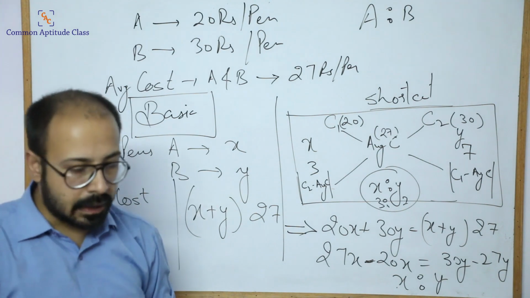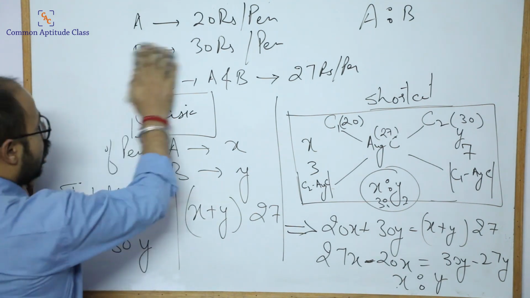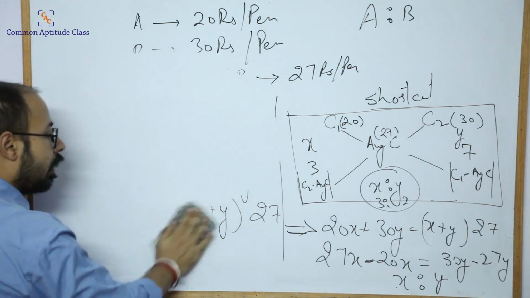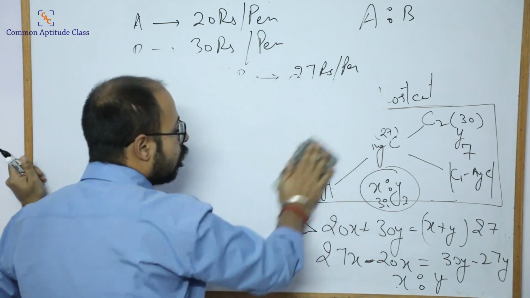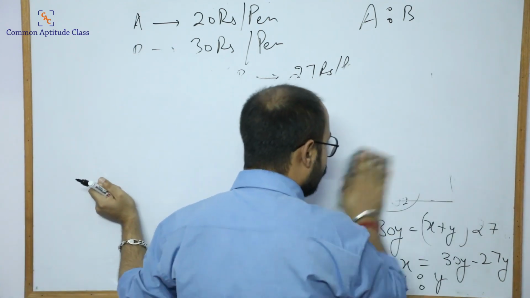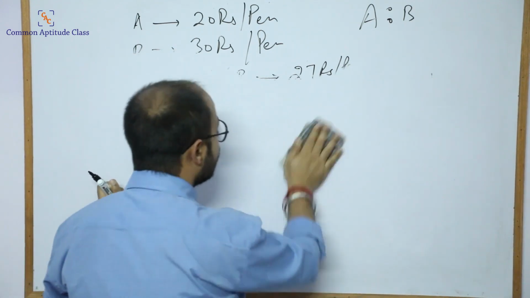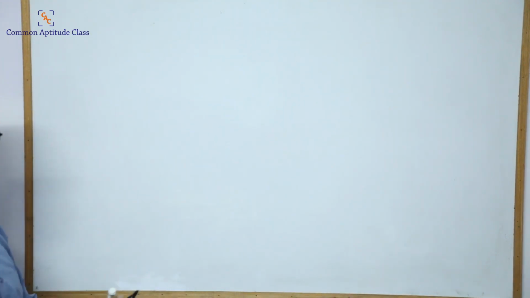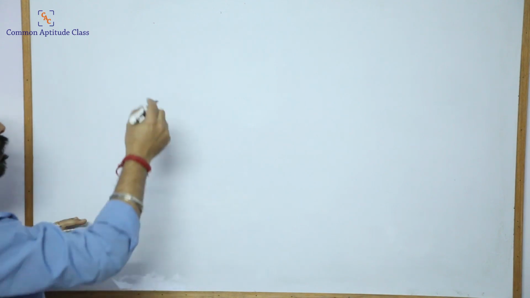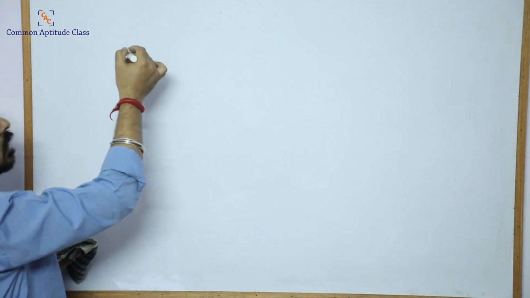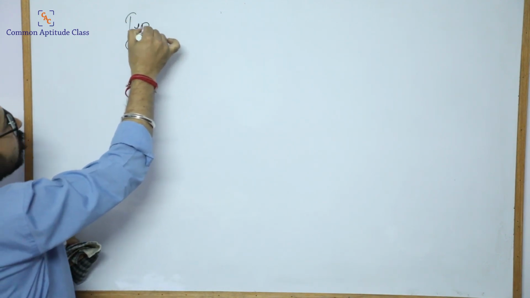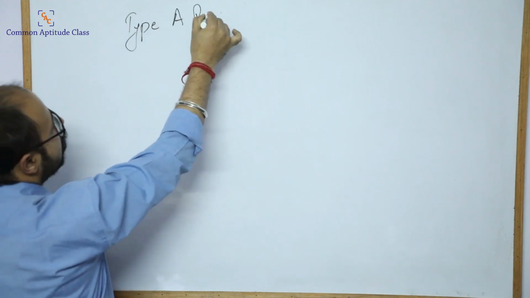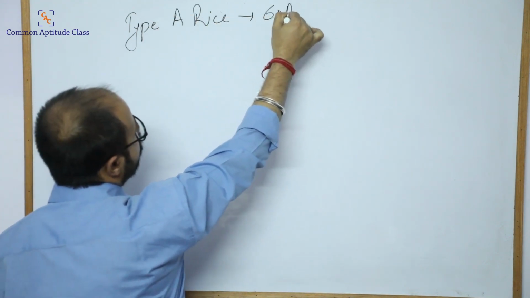Now the next part is how to derive the basic, but we are not going to derive it. We are just talking about the shortcut. I'll explain what is to be done in the shortcut, then we will apply it. It is applicable for mixtures also. First, type A rice costs me 60 rupees per kg.